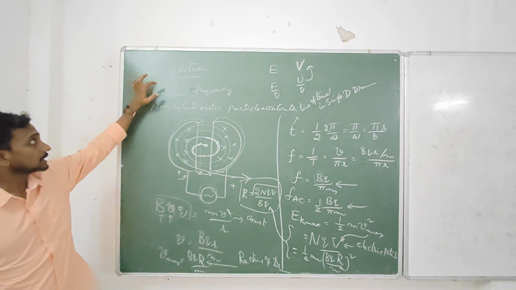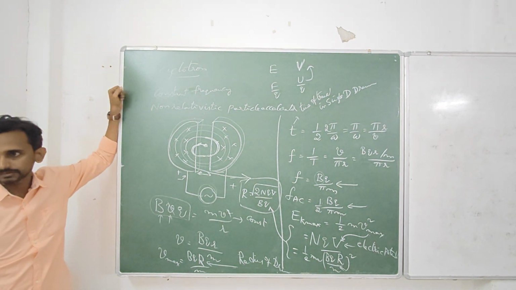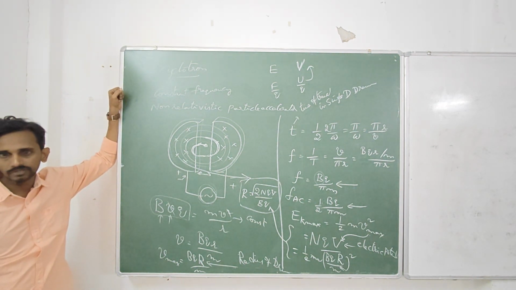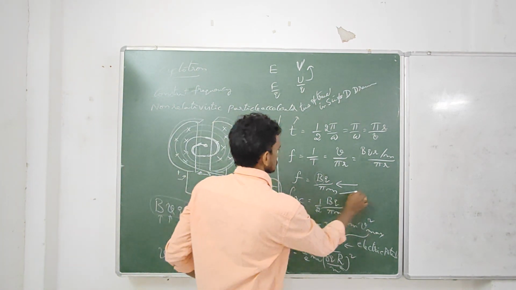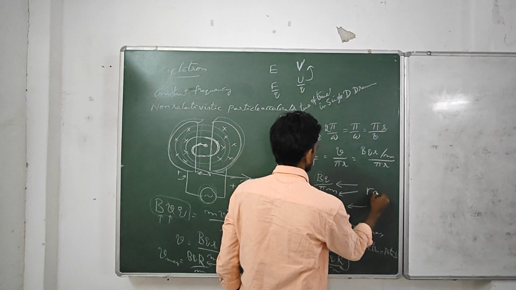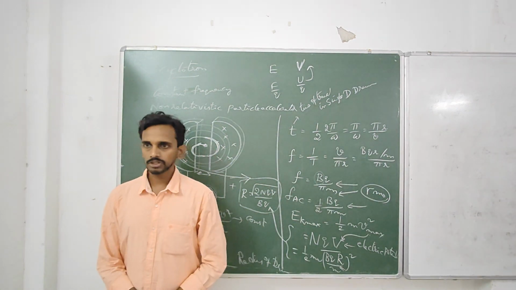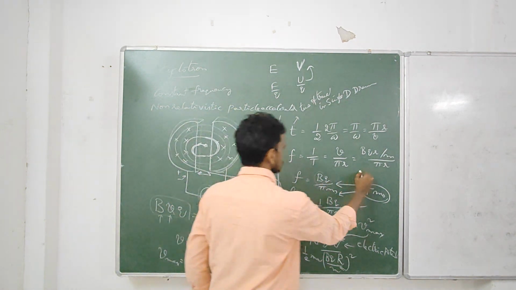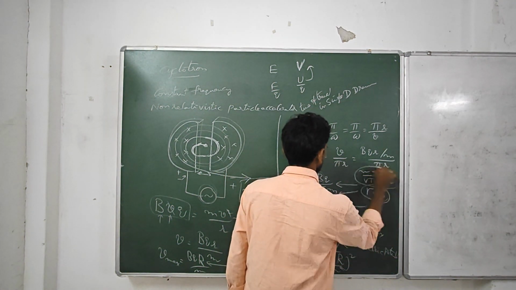But when you reach the relativistic limit, so this is a non-relativistic mechanism. So when you reach the relativistic limit, what happens? This m is now replaced by gamma m naught. Gamma is what? It is 1 by square root of 1 minus v square by c square.